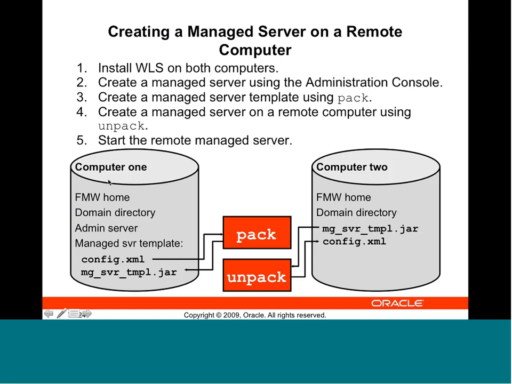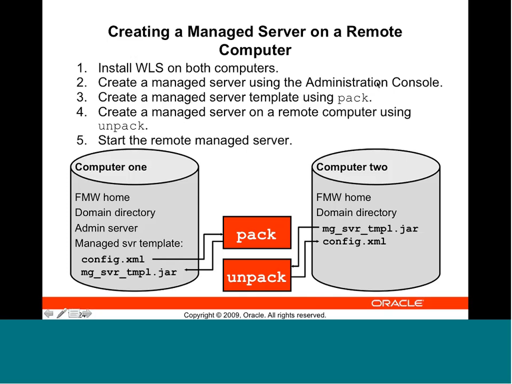So what you are doing on computer one: you are going to your Fusion Middleware home, domain directory, admin server, right? And then you are creating a managed server using the administrative console that we have seen how to create.